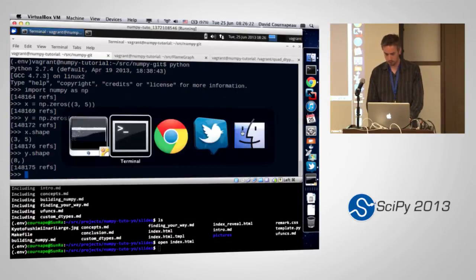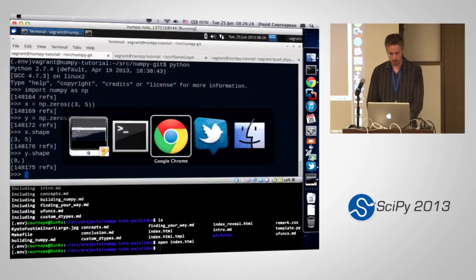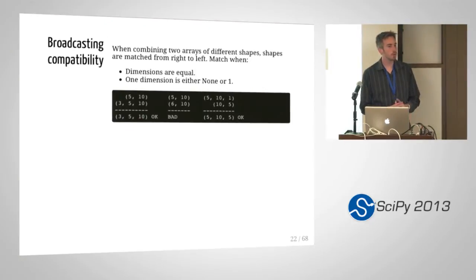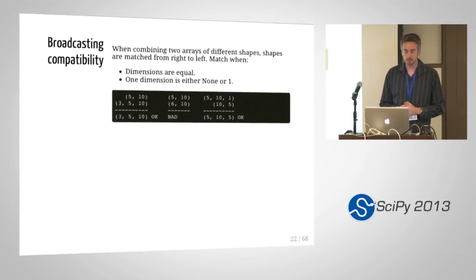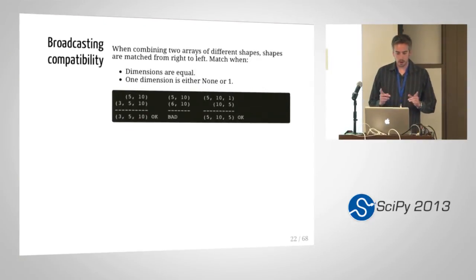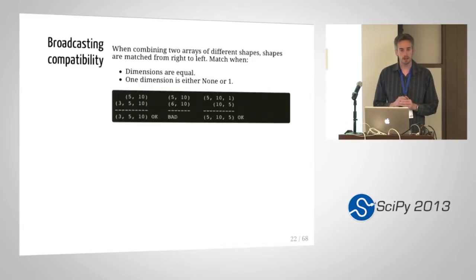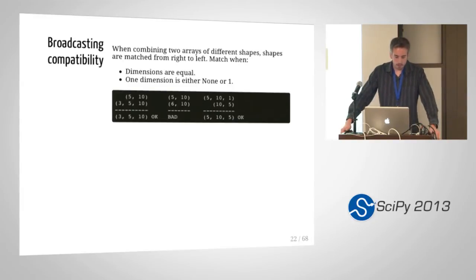Maybe I can show you that slide quickly. So let me just discuss the rule quickly for when things are broadcastable. When you combine two arrays and they've got different shapes, you write the shapes underneath one another, and you start comparing them from right to left. So you've got a match when either the dimensions are equal or when one of them is either none or 1.